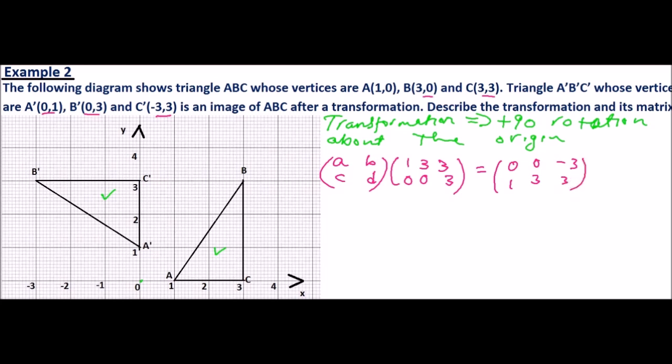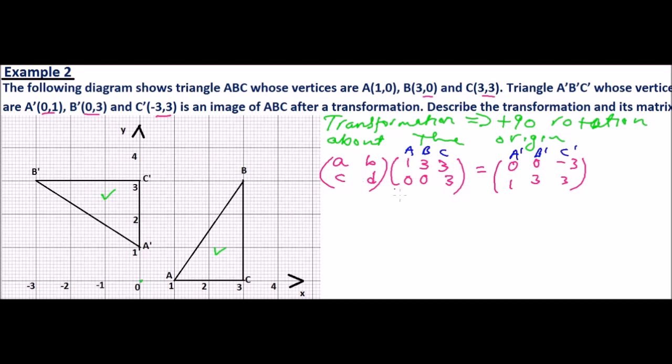What we mean here is, this is our A, this is our B, this is our C, this is our A prime, this is our B prime, and this is our C prime. So if we are able to get the values of A, B, C, and D, then we have obtained the matrix of transformation.